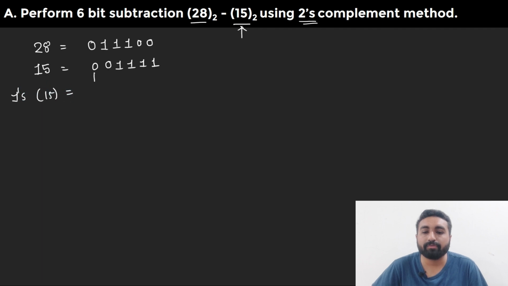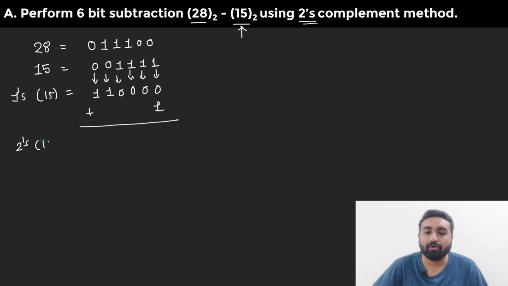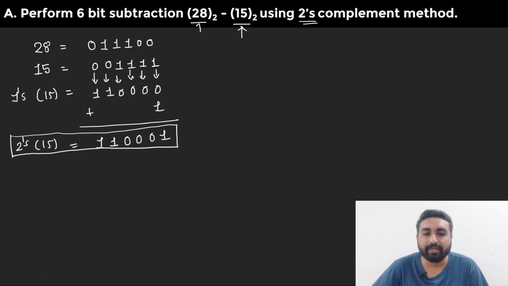The 1's complement of 15 will be 110000. If we add 1 to that we will get the 2's complement of 15. That will be 110001. So the 2's complement of 15 is 110001.